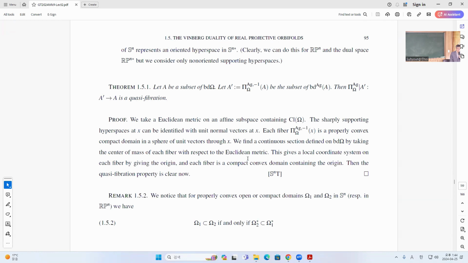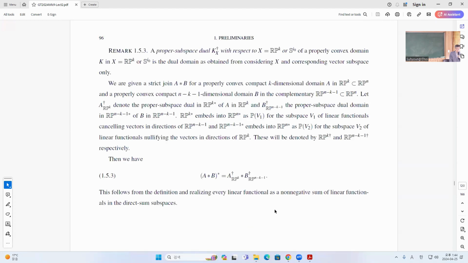I don't want to go deeply into that here. Also, if omega 1 is a subset of omega 2, these being two properly convex domains, then for the duals you can reverse the inclusion.